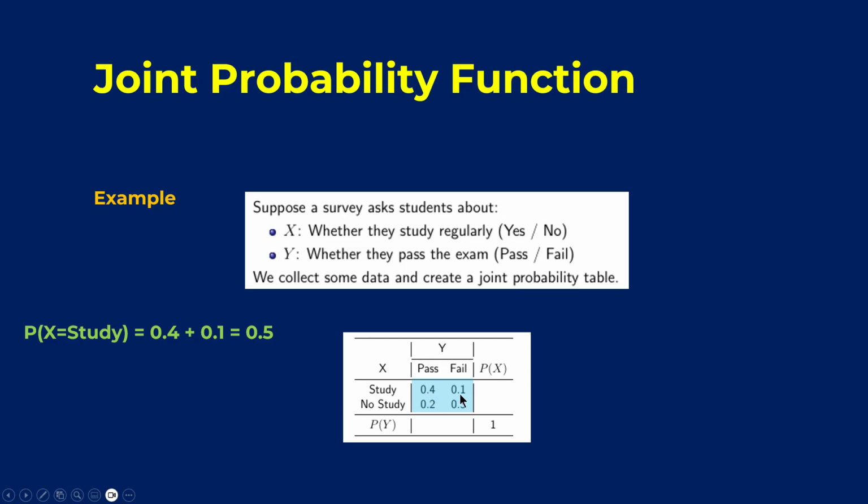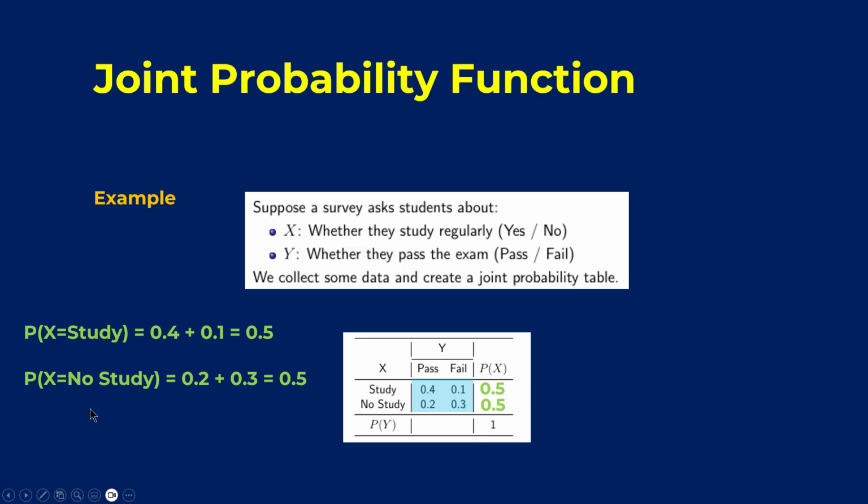So 0.4 plus 0.1 is equal to 0.5, and we do the same for the second row, adding 0.2 plus 0.3. Again, we end up with 0.5, and if we sum these two numbers, we get 1.